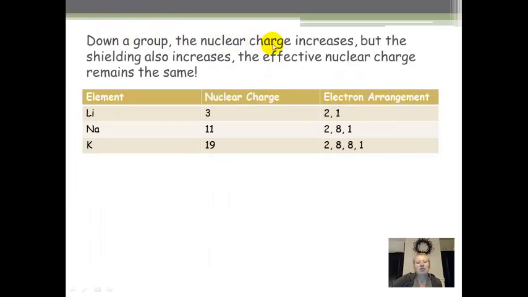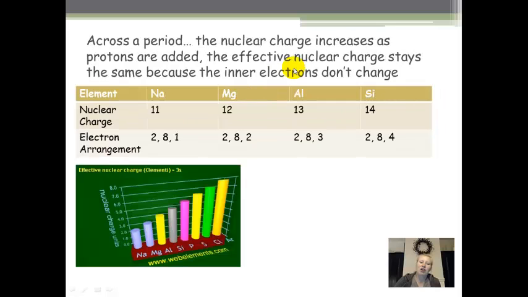Down a group, the nuclear charge increases, but the shielding also increases, so the effective nuclear charge will remain the same.